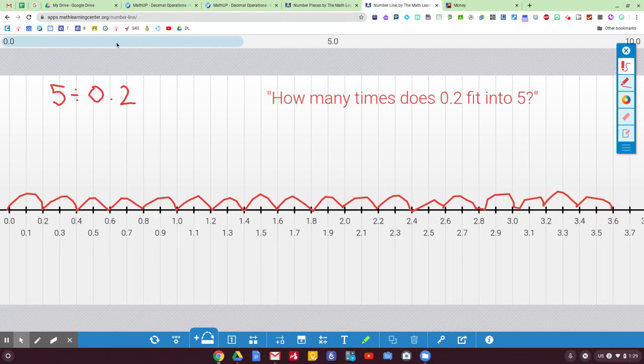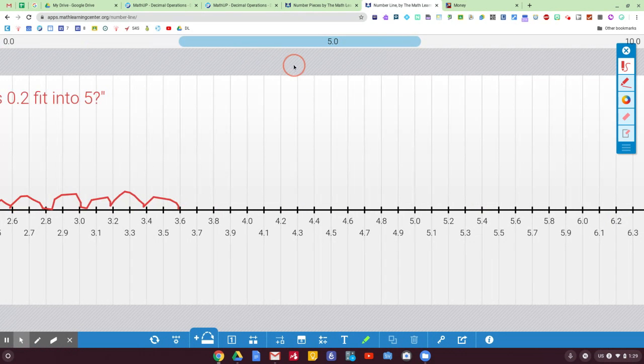I'm just going to have to move my number line over here. 18, 19, 20, 21, 22, 23, 24, 25. So this shows that 2/10 goes into 5 25 times.